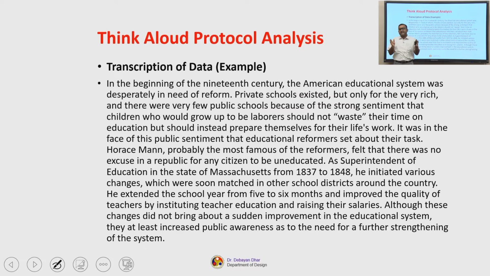What you see in this slide is a transcription that has been carried out from the verbalizations of a TAPA session. Let me again tell you, this paragraph was given to the participant, he read it out, and then some questions were asked, and based on those questions he was asked to come up with a summary and some questions.